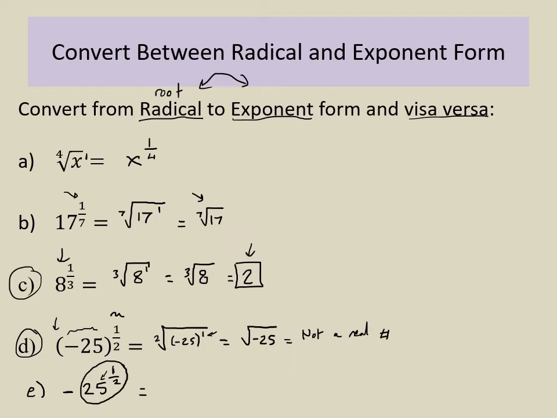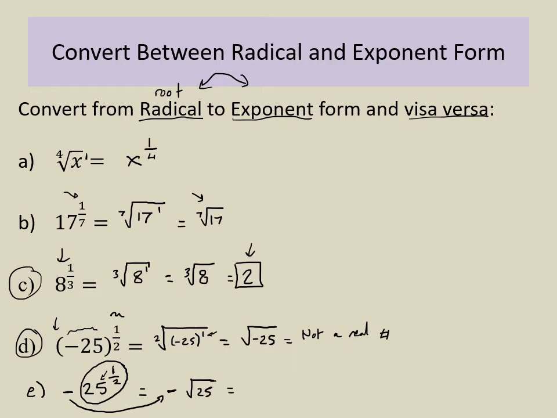This negative is going to come along. Okay, so that negative is just going to stay with us. And then it's going to be negative, and then what is 25 to the power of 1/2? Well, we just discovered that power of 1/2 means the square root. So this is negative the square root of 25.